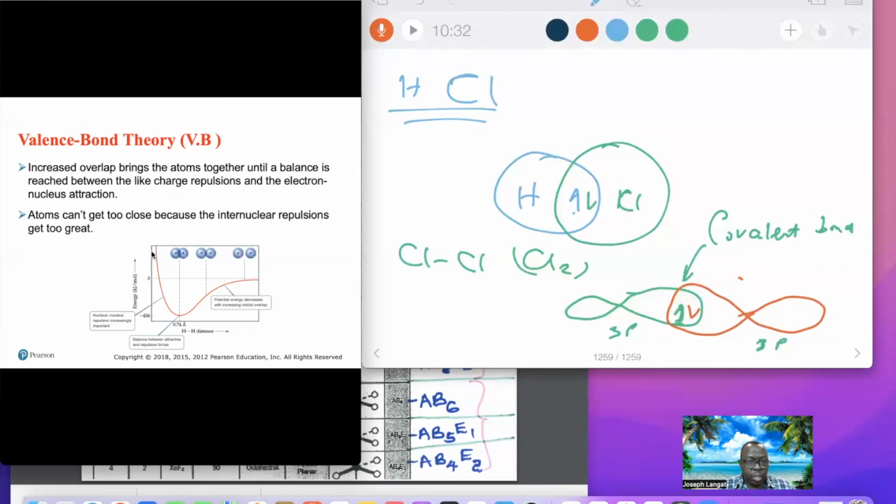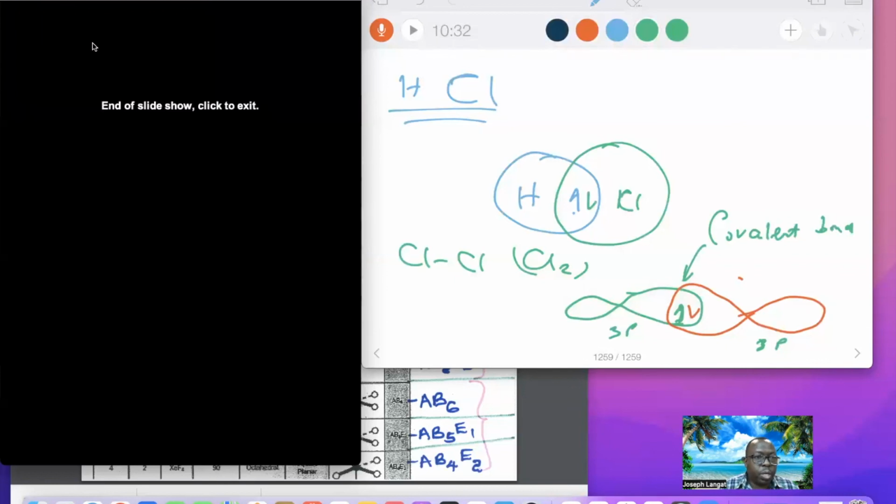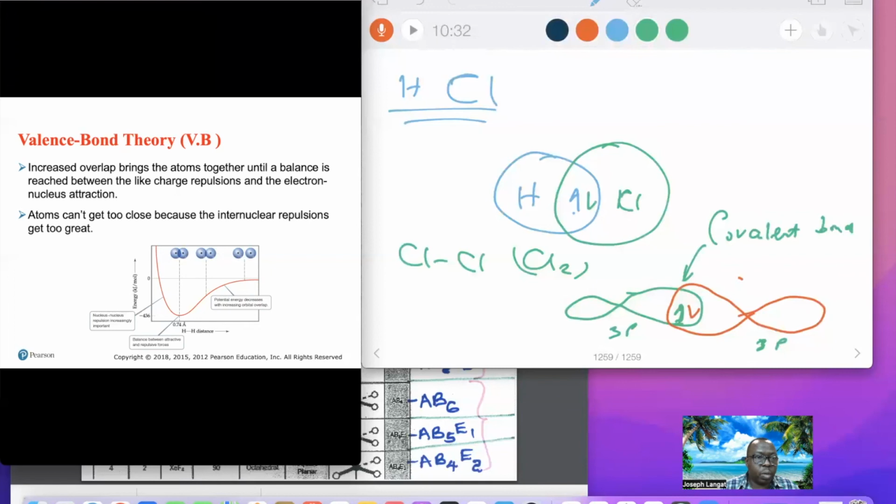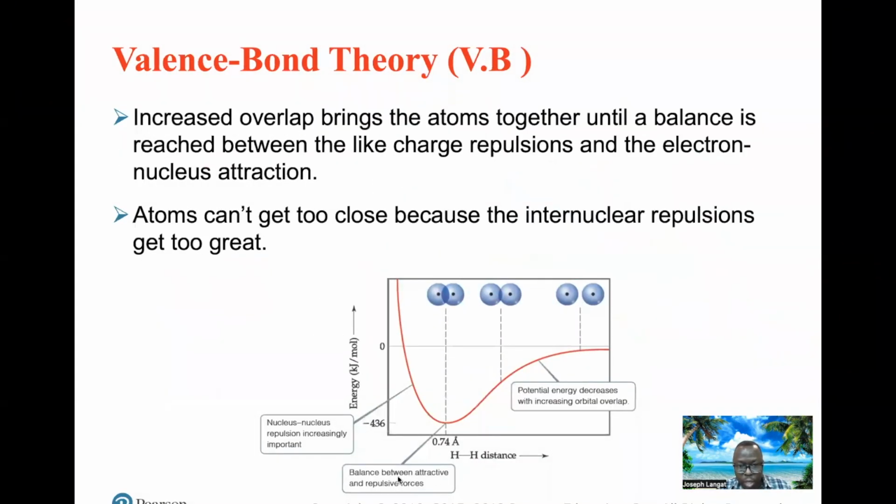If they are too far apart, there is no energy and there is no bond. There is an optimum radius between the two nuclei. There must be a balance in the distance between the two, which for hydrogen is 0.74 angstrom.